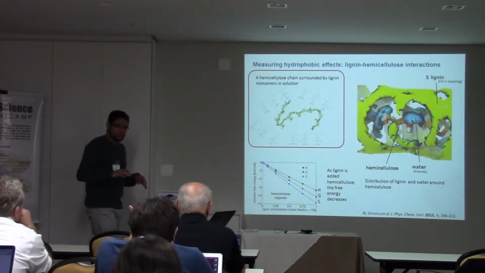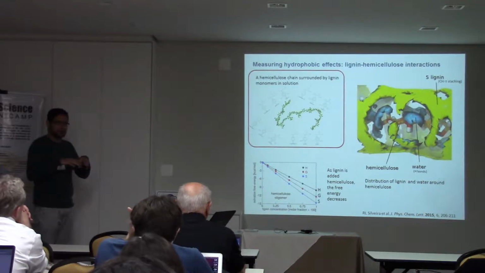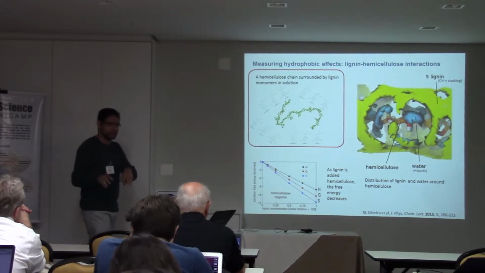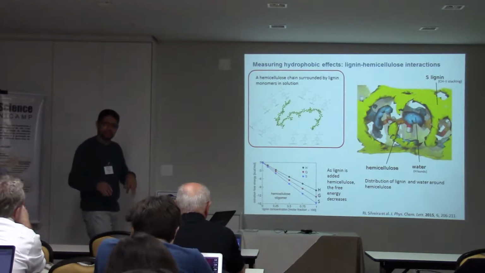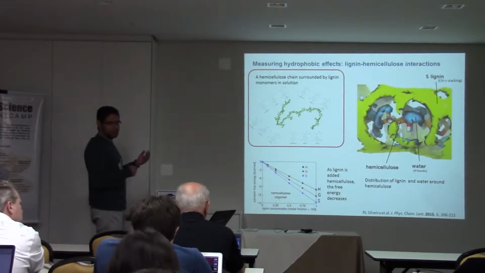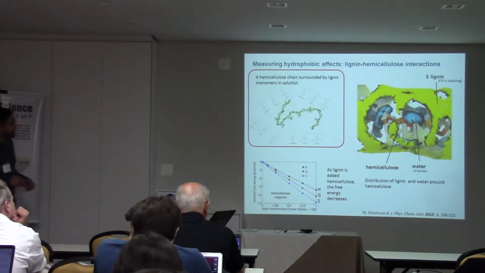So the picture you have here is that when you have both together, water will interact with what water likes, and lignin will interact with what lignin likes. And water will not interact with what water doesn't like. So that's why we have this thermodynamic behavior.